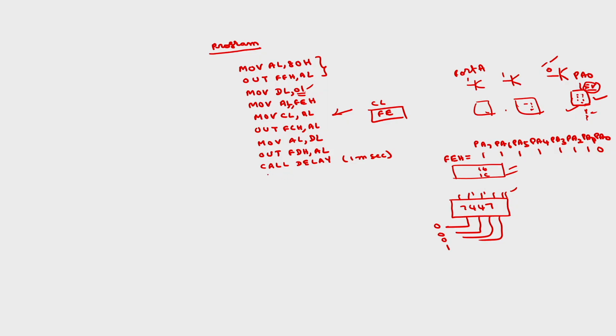You make MOV AL comma FF, OUT port A FCH. With these 2 instructions, all the displays will be disabled. Initially you enabled the last display, then after 1 millisecond you have disabled all the displays. Okay. This also you call for 1 more millisecond.